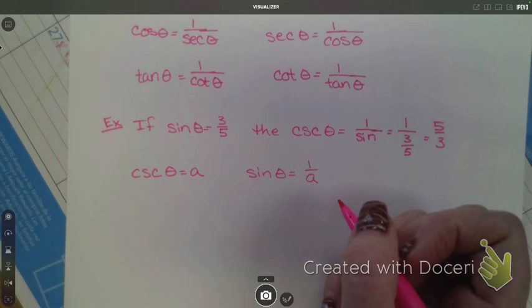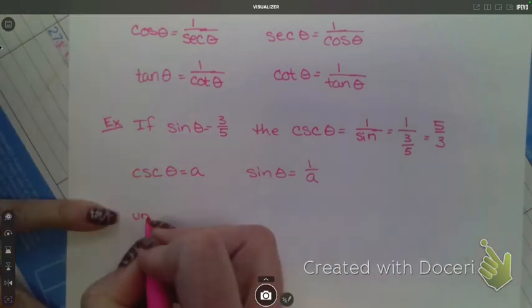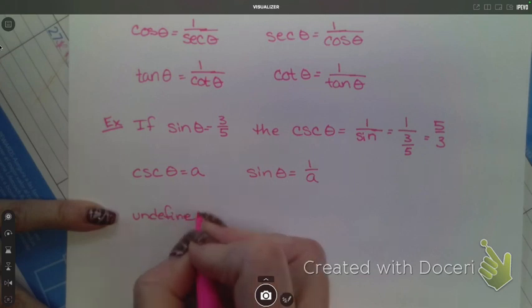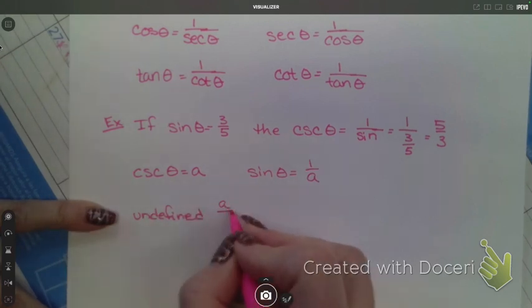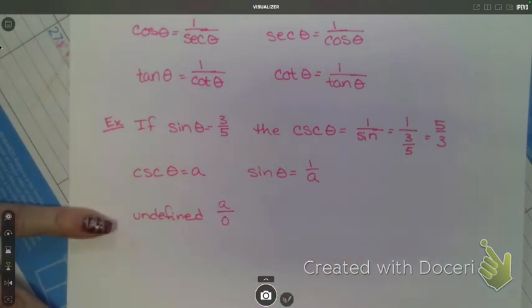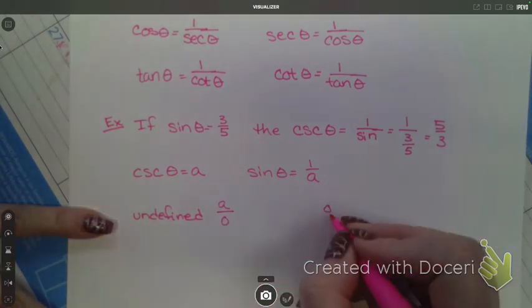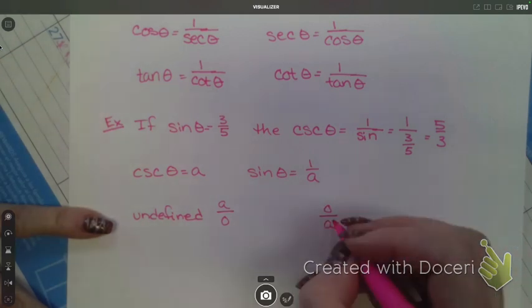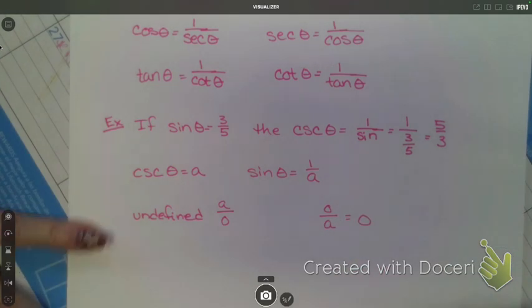What's the reciprocal of undefined? 0. Okay? Because something that is undefined is a number divided by 0. So the reciprocal of that would be 0 over a number, which would be 0. So remembering that the reciprocal of 0 is undefined and the reciprocal of undefined is 0 will help you a little bit.